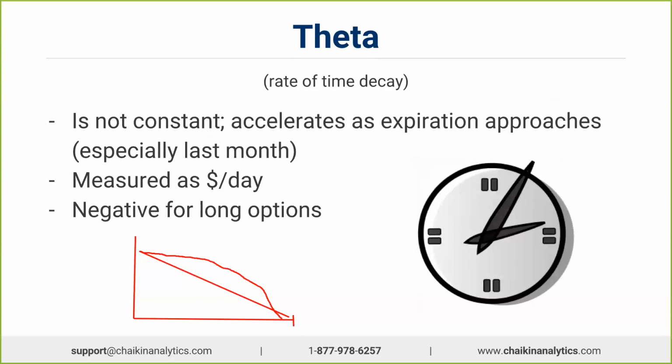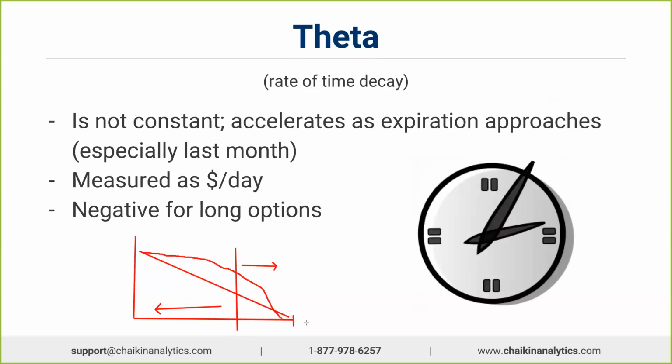This is one of the reasons why I encourage people who are credit traders to stick to credit trades on the shorter time durations, say 20 to 45 days, something like that, because that's where you get the most time decay, and time decay is a benefit to a credit trader. It's also why I encourage debit traders to go out in time a little more when they're doing their debit trades, because then your whole trade can take place without you even having to feel the worst effects of time decay.